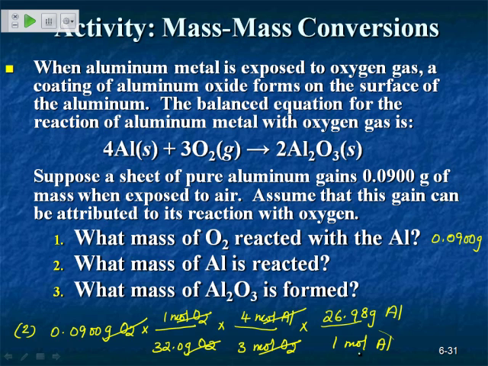So again, moles of aluminum gone, you have the answer in grams of aluminum. Calculate that please. It's just those 3 steps. Think of them as separate steps and write them down so that you won't make a mistake.